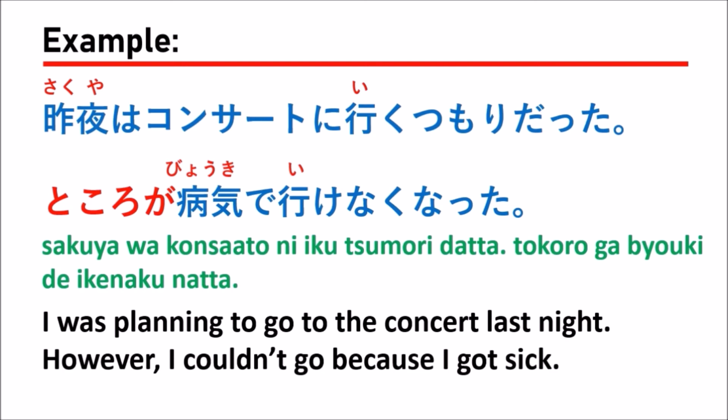So you see here, the expectation and the result are opposite to each other. It's not the same. That means if you start with the expectation in positive, the result should be negative. If you start with the negative, the result should be positive. They are often in opposition to each other.